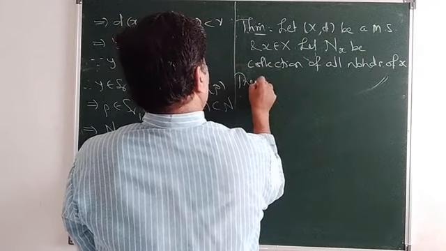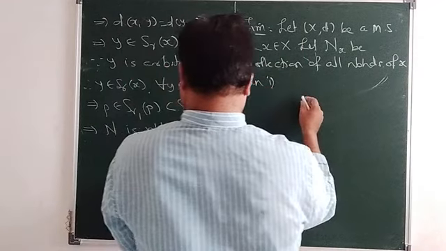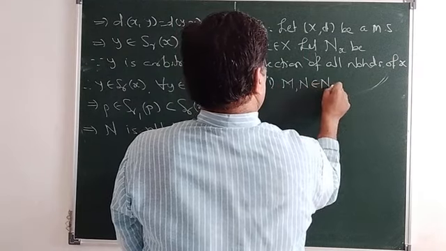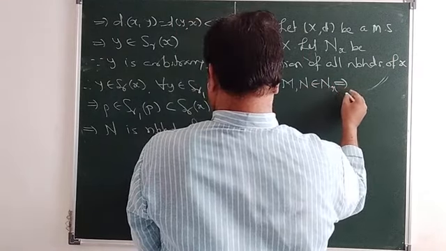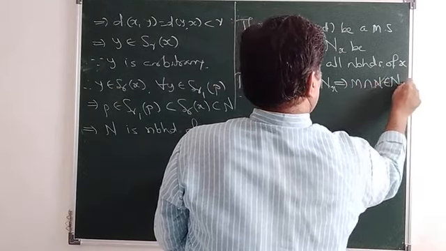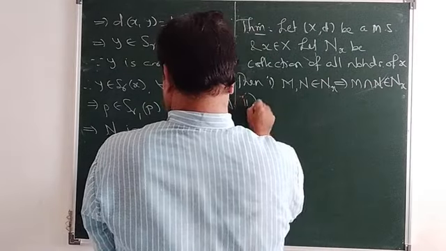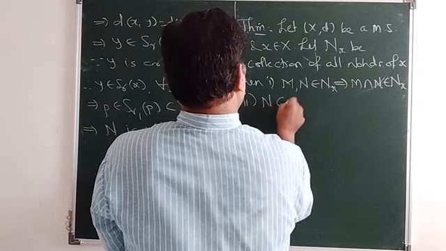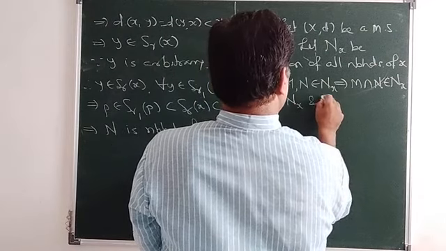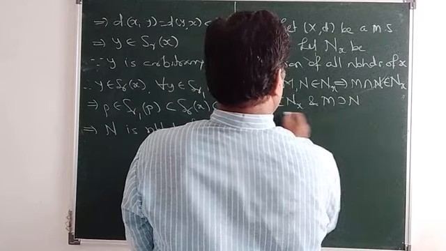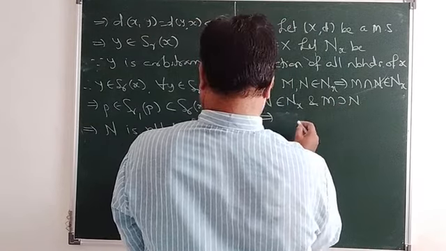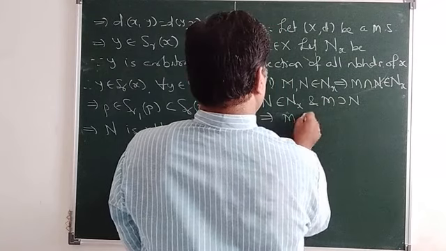Then, first, M, N belongs to N_x implies M intersection N must belong to N_x. And second, N belongs to N_x and M is a superset of N implies M belongs to N_x.